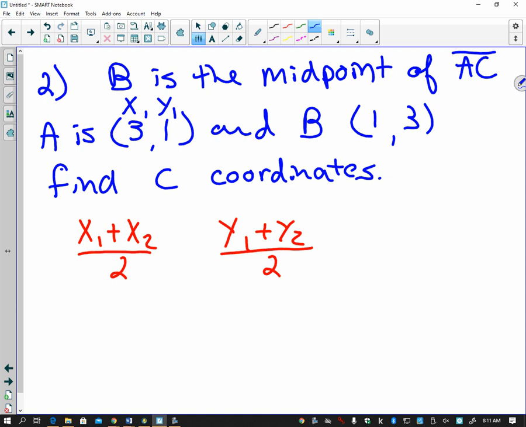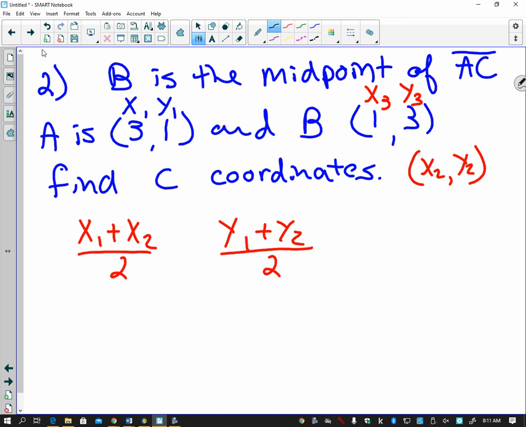Now, is B this X2, Y2 over here? No. In fact, really what we want for C is X2, Y2. All right? If anything, what we're saying is that this is X3, Y3. Okay, that's the solution.